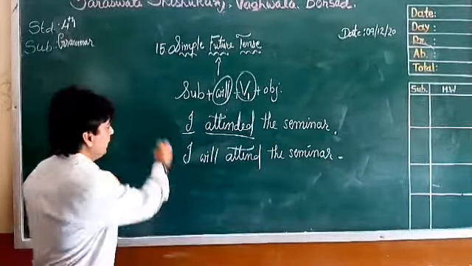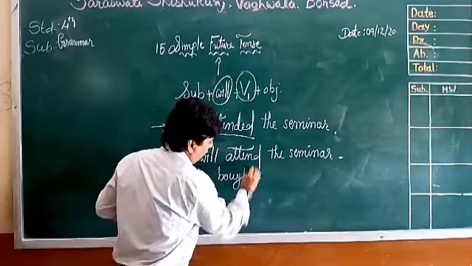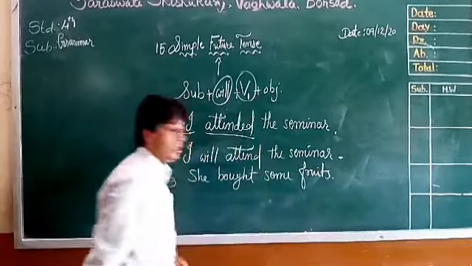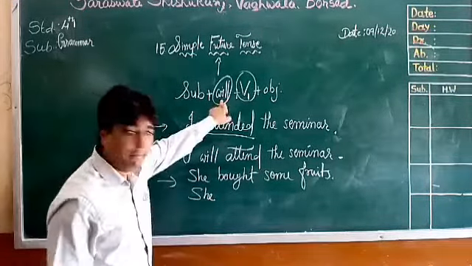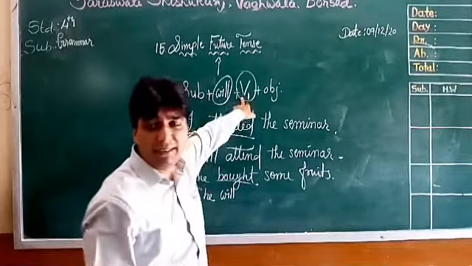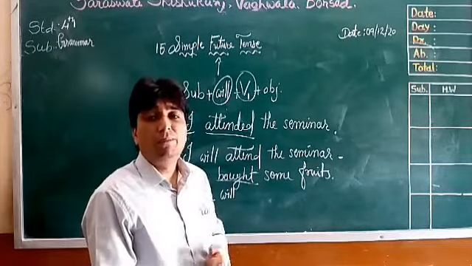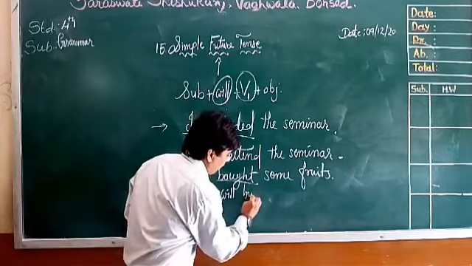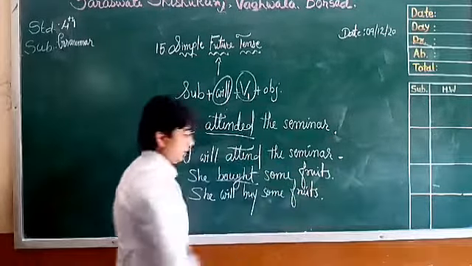Let's take the second sentence. She bought some fruits. See, subject she. Immediately what should be there? Will. She will. Now we need the verb 1 form, present form. This is the past form, bought. So what is the present form of the verb bought? Buy. She will buy some fruits.